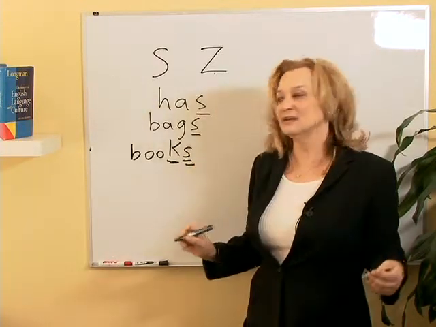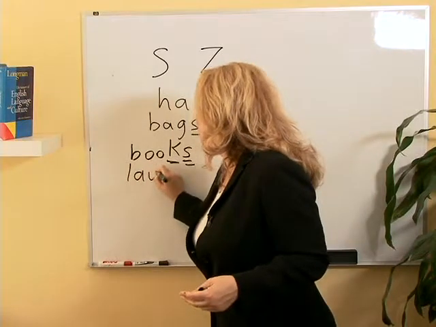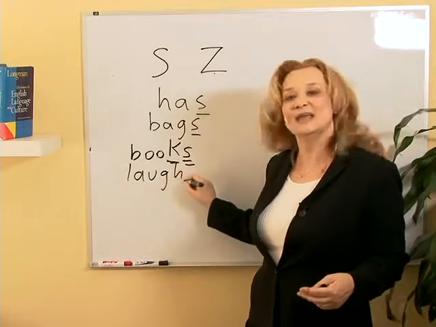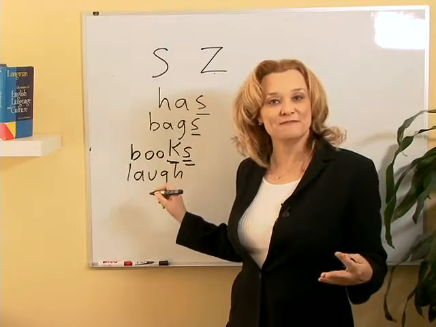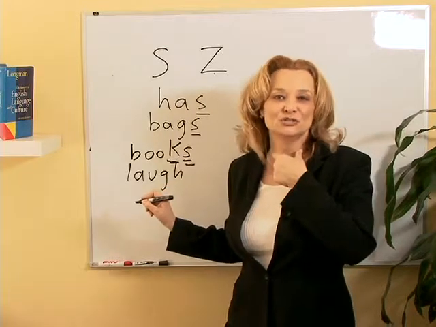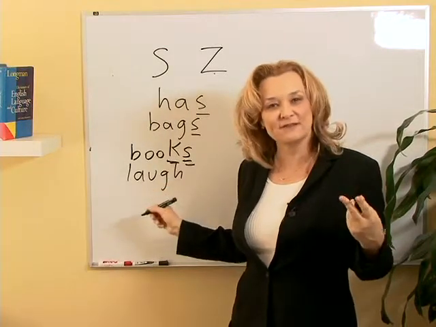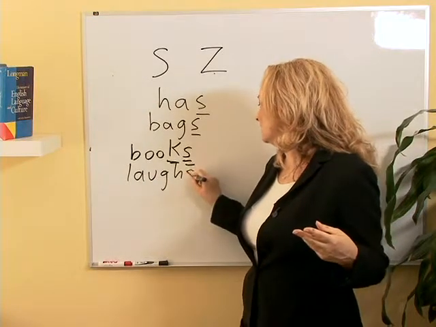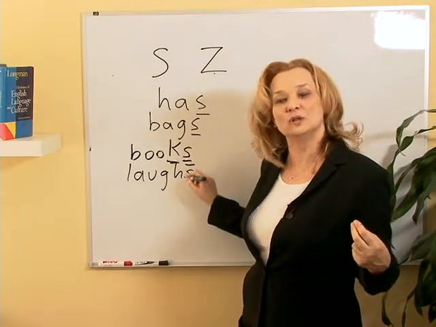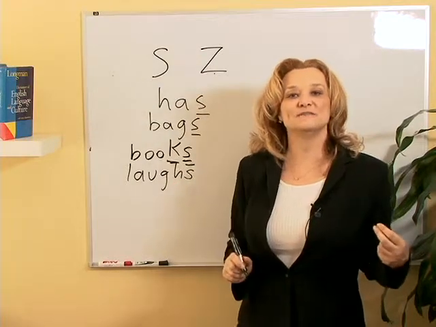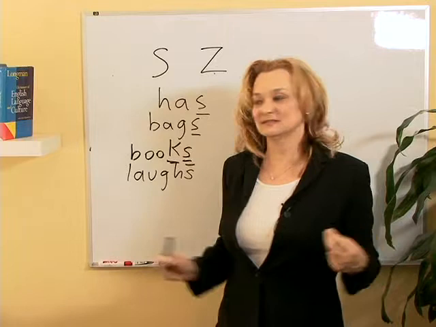Let me give you another example. The word "laugh." This GH is actually an F sound. F, f, f. There's no vibration in my vocal cords, so the F is a voiceless sound. That means the S that follows it will also be voiceless, and we will say "laughs."